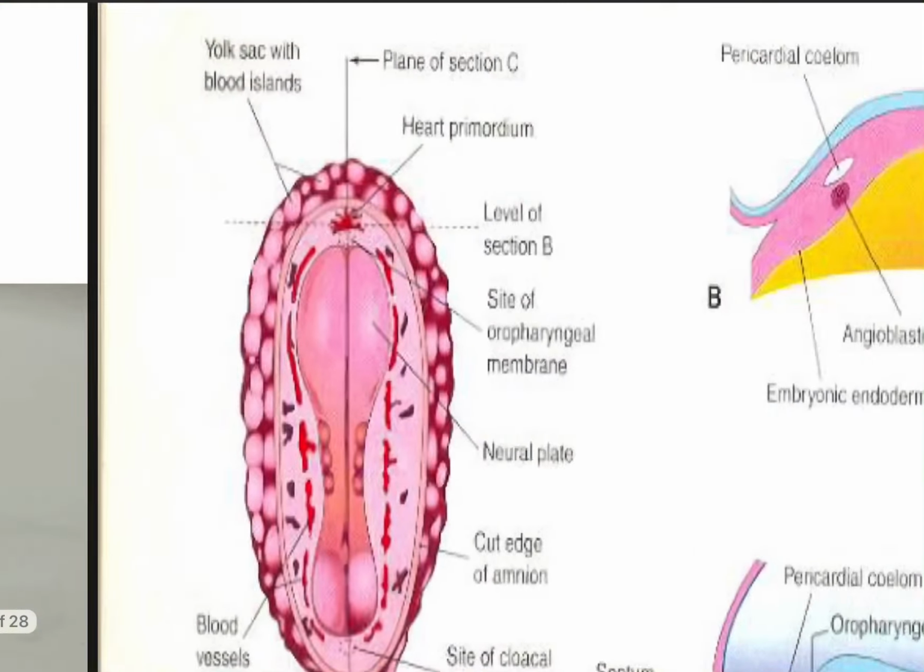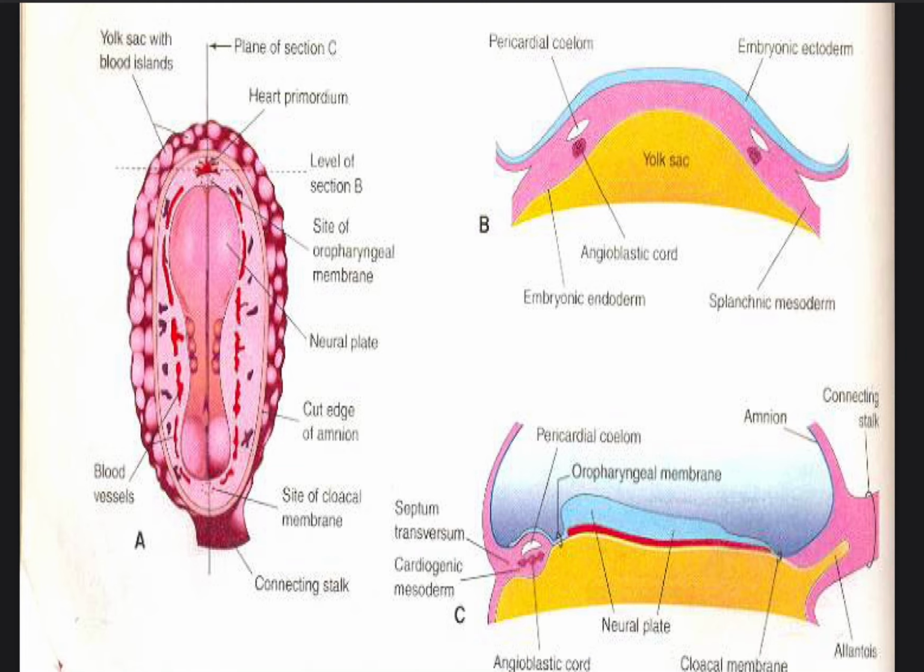Shall we move ahead? This is the same concept which is showing lateral folding and craniocaudal folding. Purpose of lateral folding is this: these two heart tubes after lateral folding start meeting each other, and this endoderm will start invaginating, and this will form foregut.